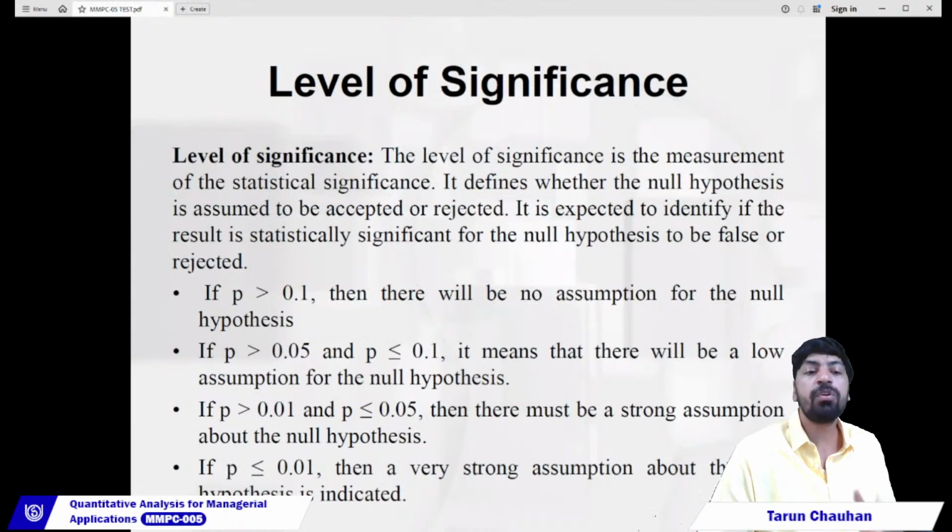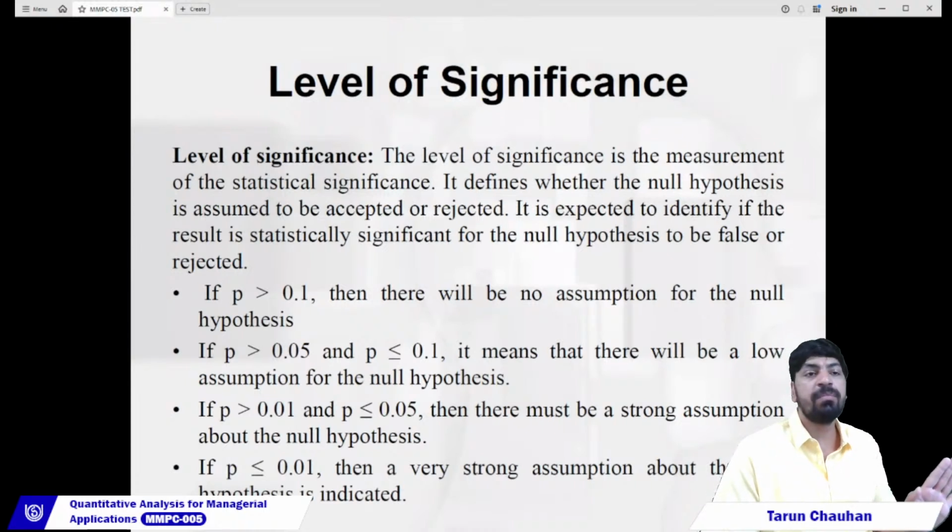So these are the 4 rules of the level of significance to judge the null hypothesis, whether it is likely to be accepted or not. P stands for level of significance. P is a symbol of level of significance. If P is greater than 0.1, then there is no assumption to be made by the researcher for a null hypothesis.